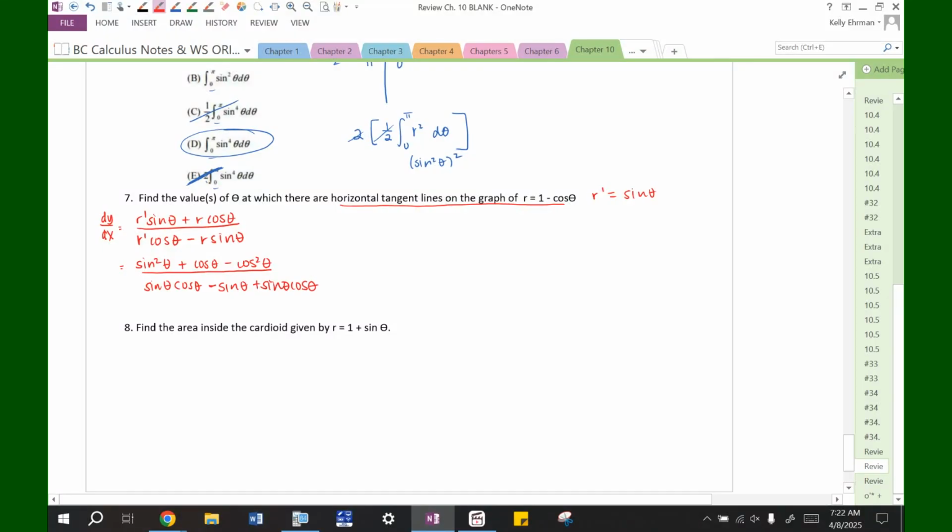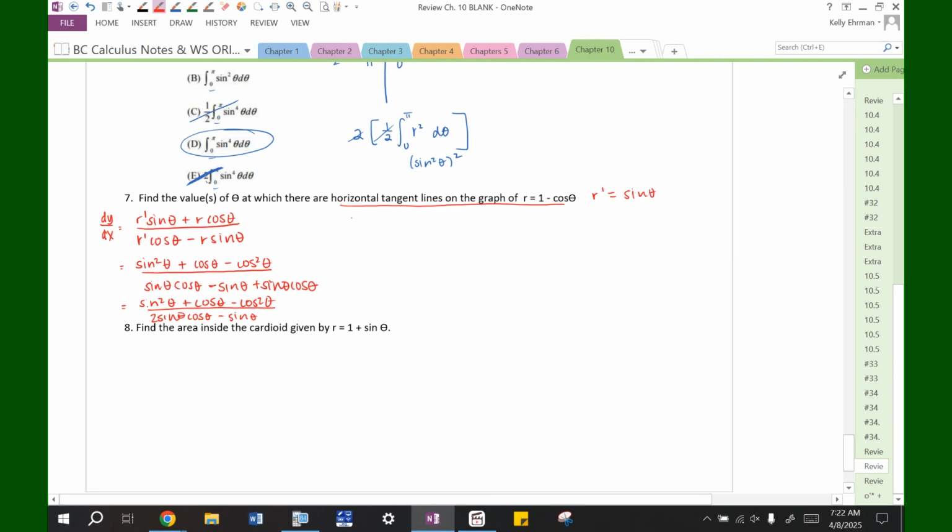Now we're only looking at horizontal tangents, so we're looking at when the top is equal to 0, but we do need to double check that whatever answers we get, if we plug them into the bottom, we can't also get 0 in the bottom. So I'm just going to clean this up a bit. I have 2 sine theta cosine theta and then minus sine theta.